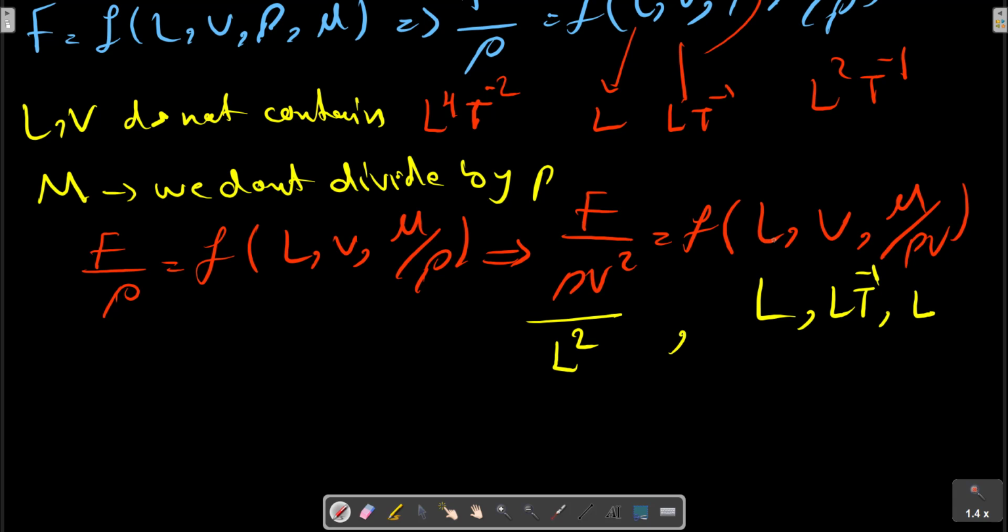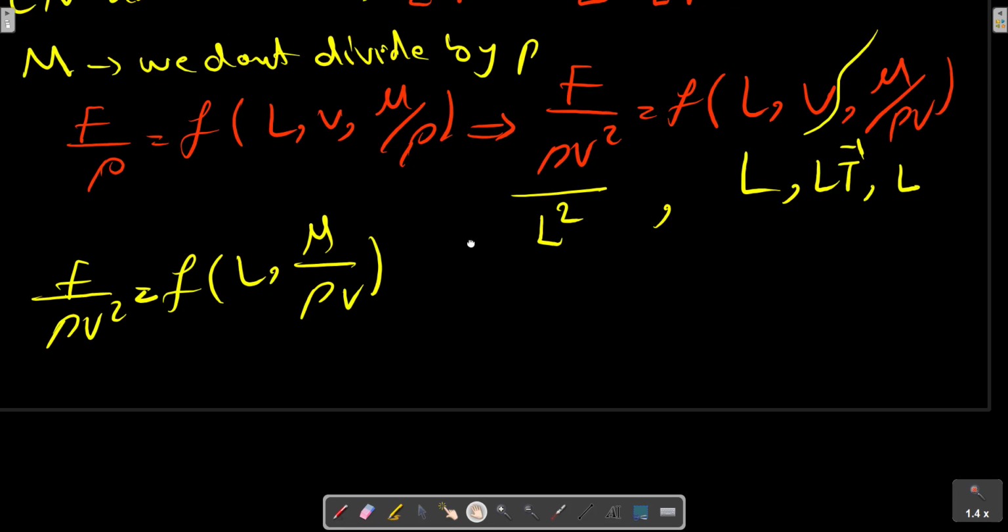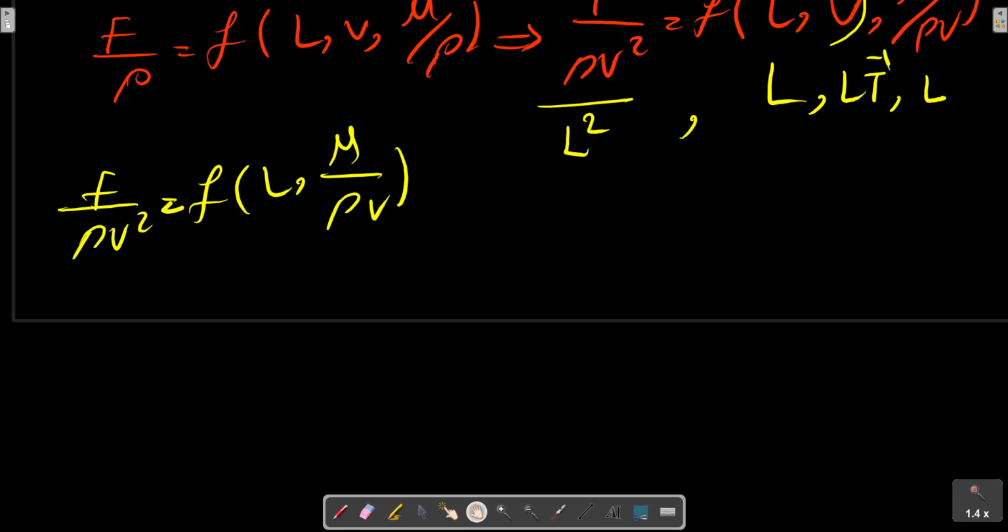We don't divide L or V because they don't contain M. Again, in the next step, we have this relation, L, and mu over rho V. So the last step is to divide by L.